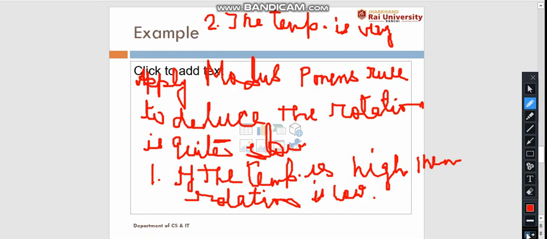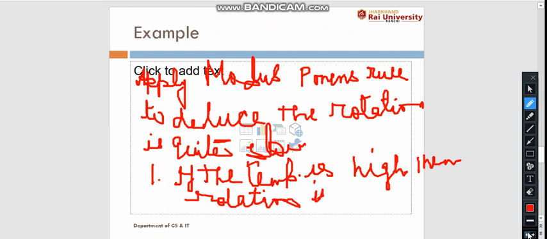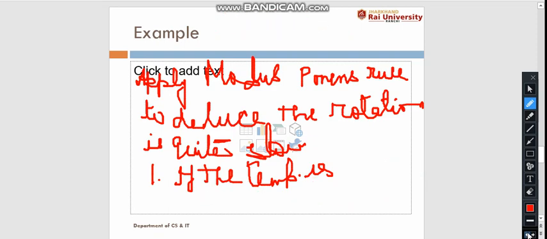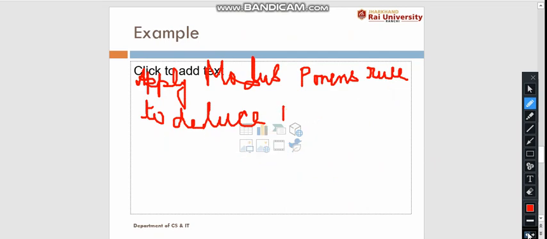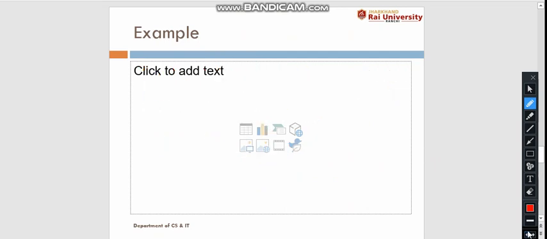I am going to clear the screen. Now here we will take the temperature is high, so we will take linguistic terms for high. For high we will take 2: the first one is high and very high.